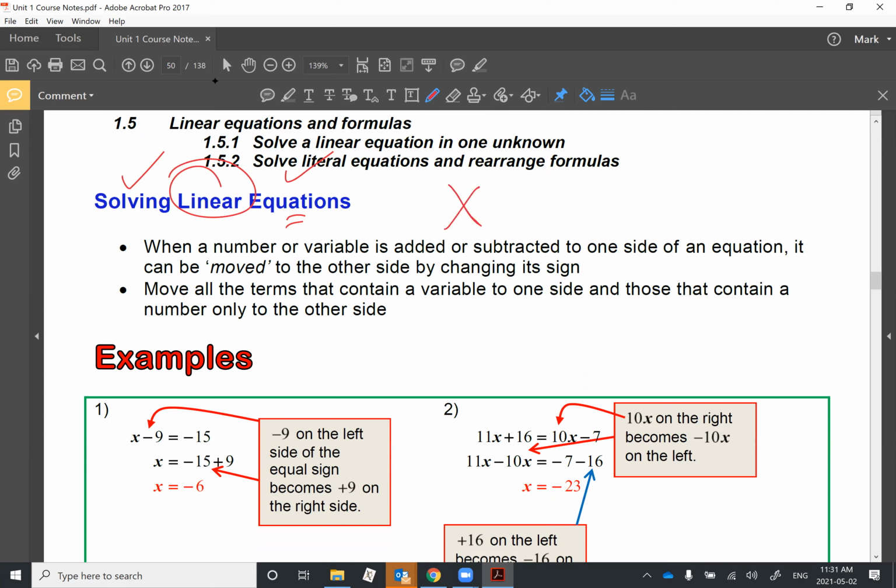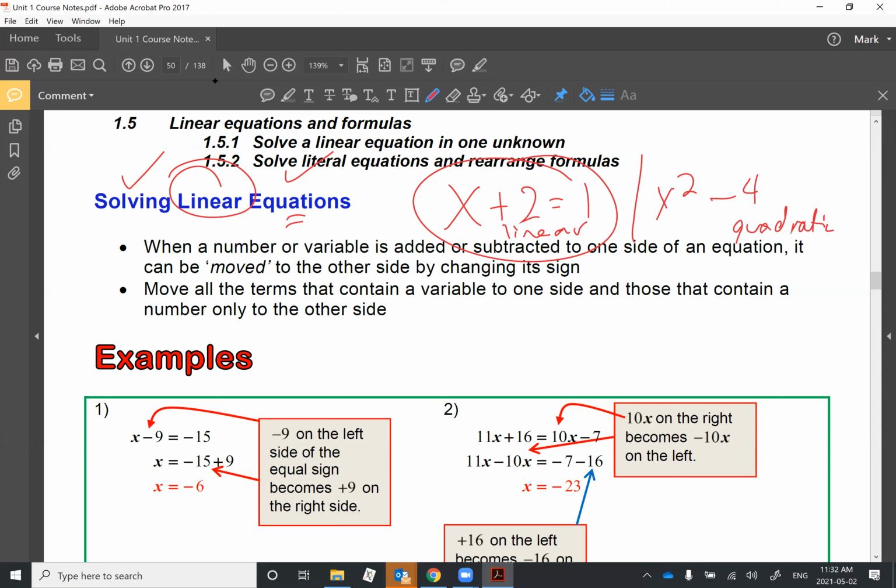So this would be linear. Whoops. This would be quadratic or not linear. Basically, if you graphed a linear equation, if you put it on a graph, it would make a straight line.